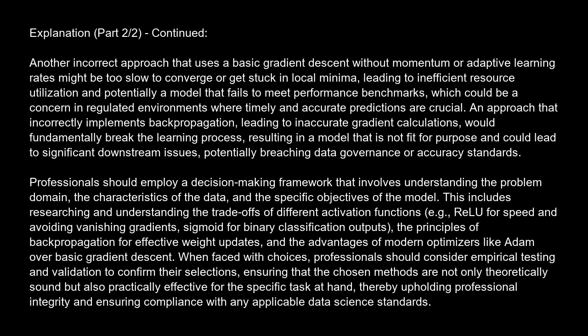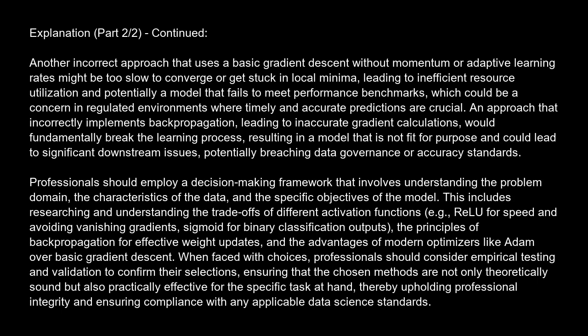Another incorrect approach that uses basic gradient descent without momentum or adaptive learning rates might be too slow to converge or get stuck in local minima, leading to inefficient resource utilization and potentially a model that fails to meet performance benchmarks, which could be a concern in regulated environments where timely and accurate predictions are crucial.